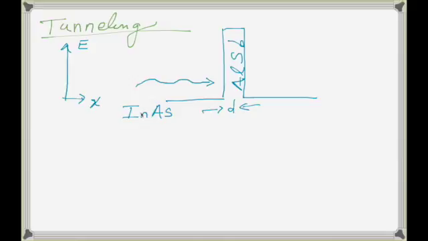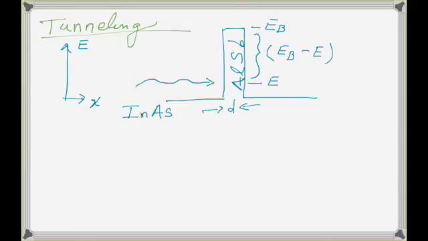And so we'll call the top of the barrier EB for the energy of the top of the barrier. And you're tunneling through at energy E, and this distance is going to determine how well you tunnel, this energy difference, EB minus E.